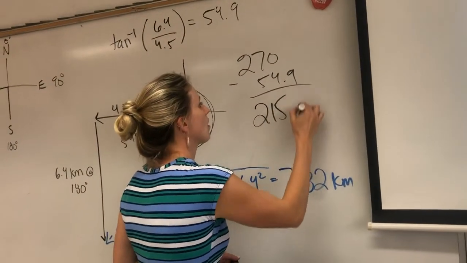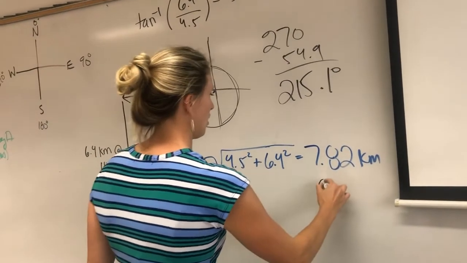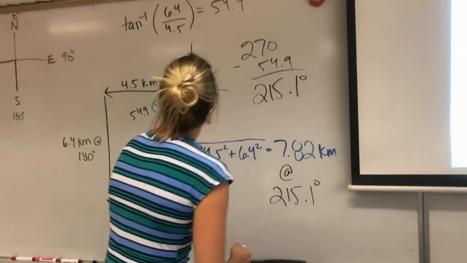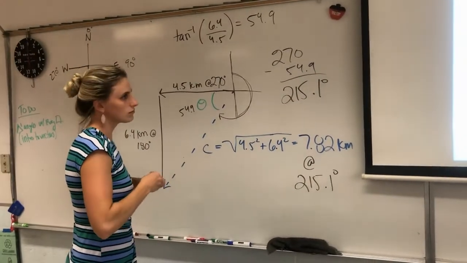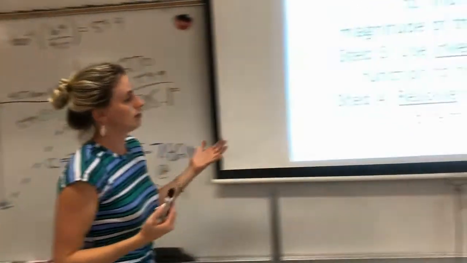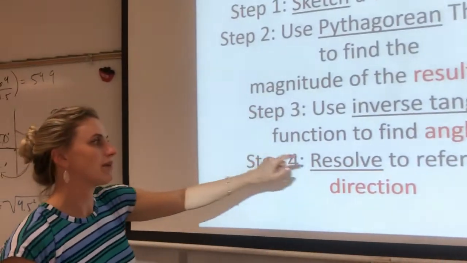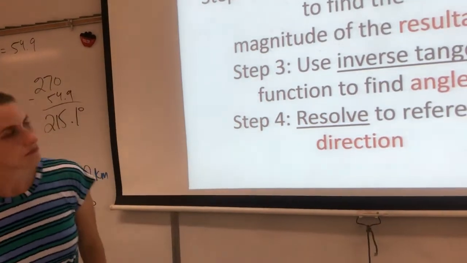And that's the direction. This is the direction at 215.1 degrees. Whew. Done. And that last thing that we did, this math here, that's what I mean by resolve to reference direction. That extra step.